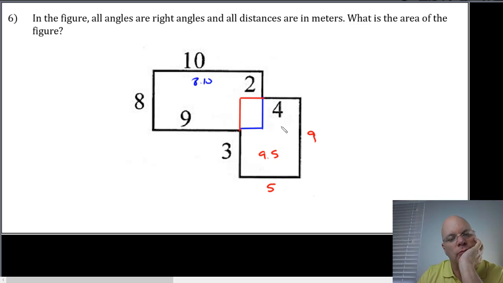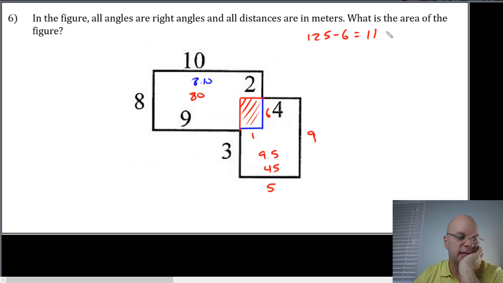And then you could subtract this area, which I think you can find because you know this is 2, so this must be 6. And you know this is 10, and this must be 1. So if you do 80 and 45 is 125 minus 6. It's 119. That is the correct answer.